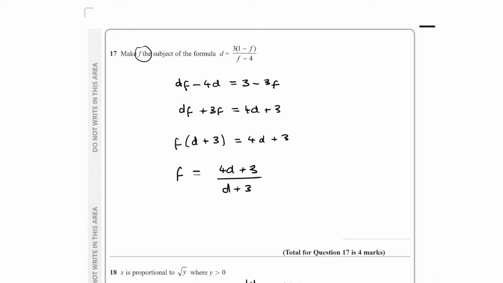It doesn't matter that the 3 is in front of the 4d, that's fine if you swap those, because if you add them in whichever direction, you'll still get the same answer. But I would recommend making sure that your coefficient, the number, is always in front of the letter. That's just how algebra works generally. They haven't even written anything about it in the mark scheme, so I don't know if they would accept that, but I would fix that if I were you, just in case.